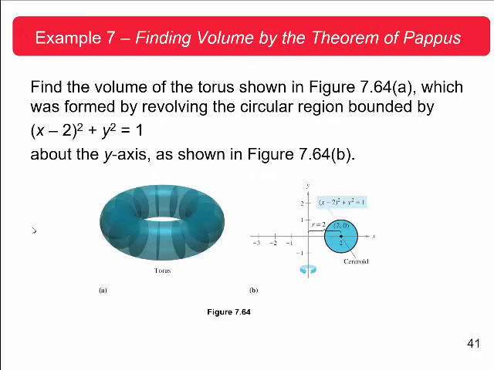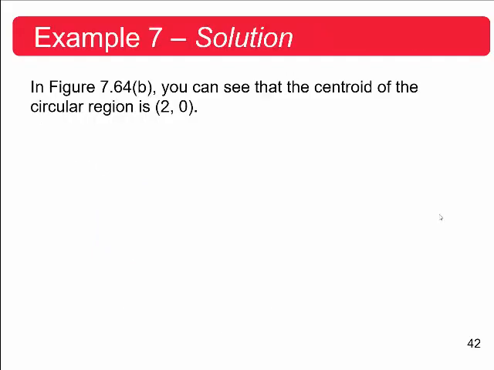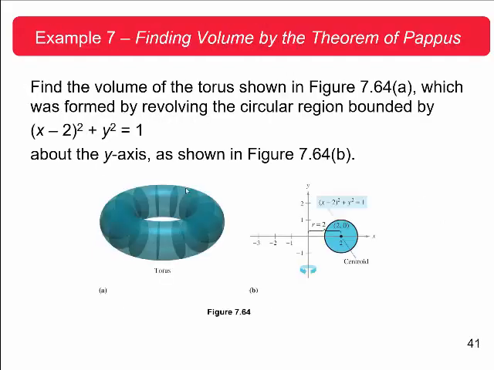Find the volume of the torus shown in the figure below, which was formed by revolving the circular region bounded by the circle (x minus 2) squared plus y squared equals 1 about the y-axis. My radius here is 2 to the center, and I'm going to take this and revolve it around. You can see that the center of the circular region is (2, 0) right here.